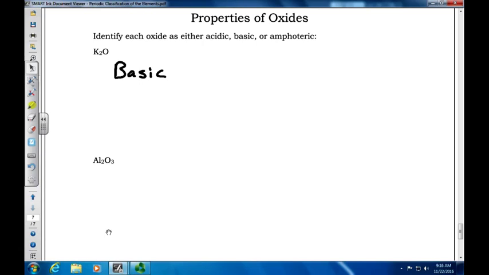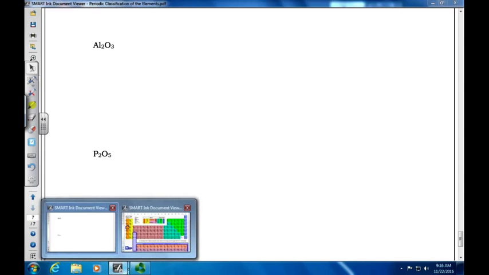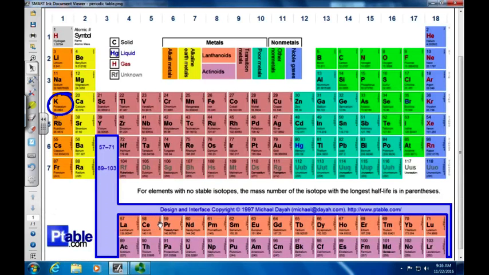Let's take a look at the next one. We've got aluminum oxide. So, coming back over here, let's look for aluminum. So right over here. And aluminum is an interesting thing.